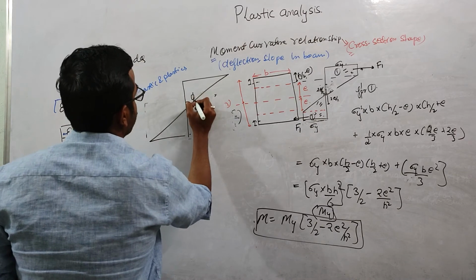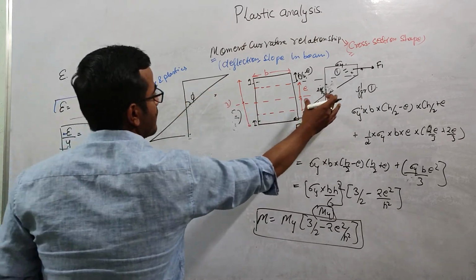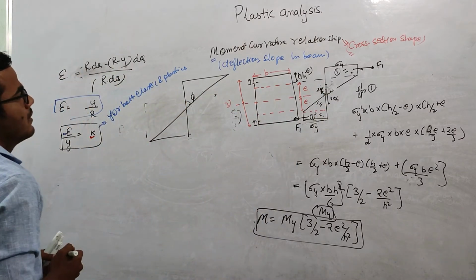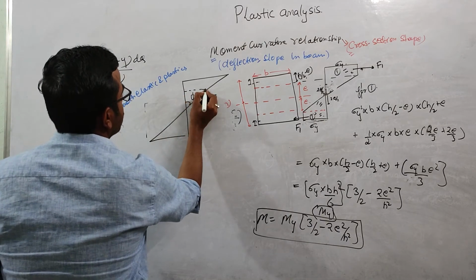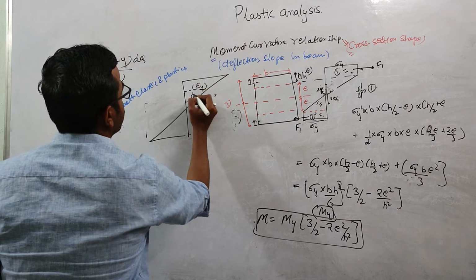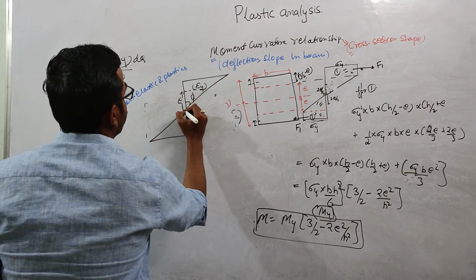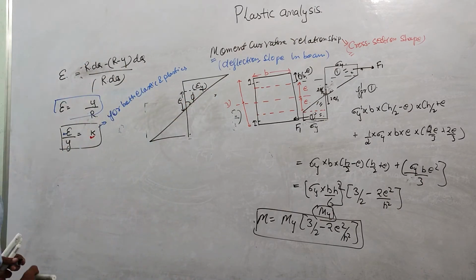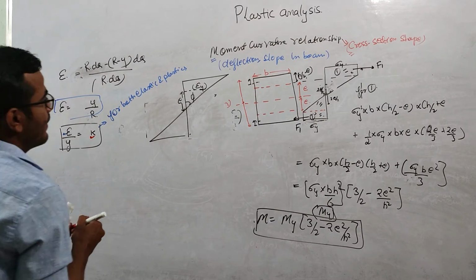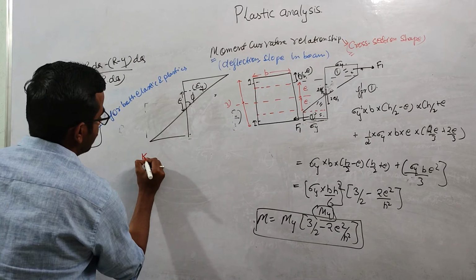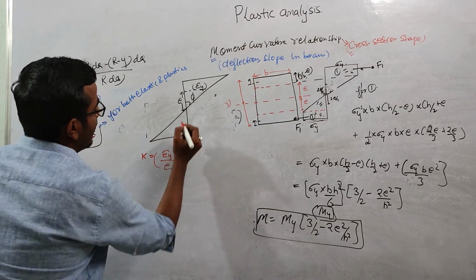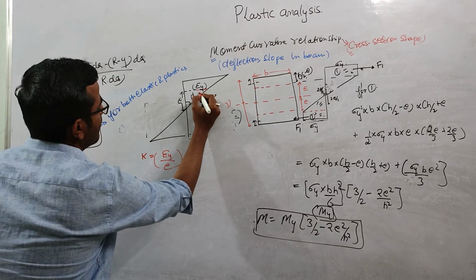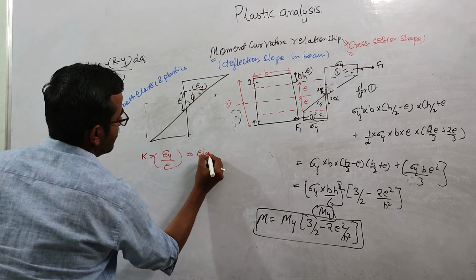So this is the phi for this stress diagram. At this point we'll have some yield strain, and this is the E point, right? I can write this small k equals Ey over E. Remember that up to here this is the elastic part.